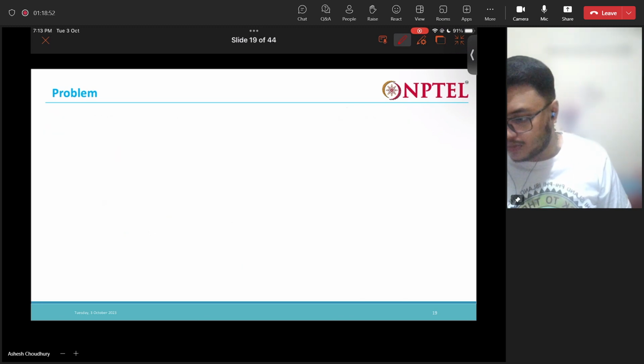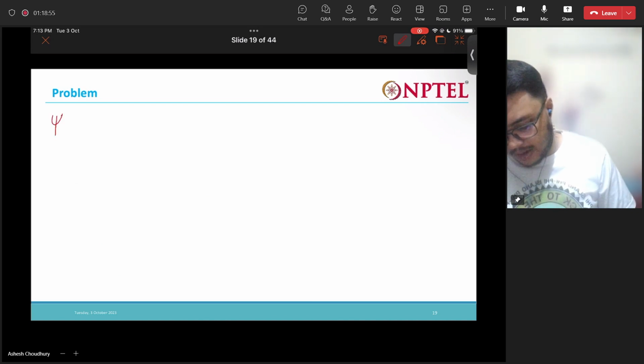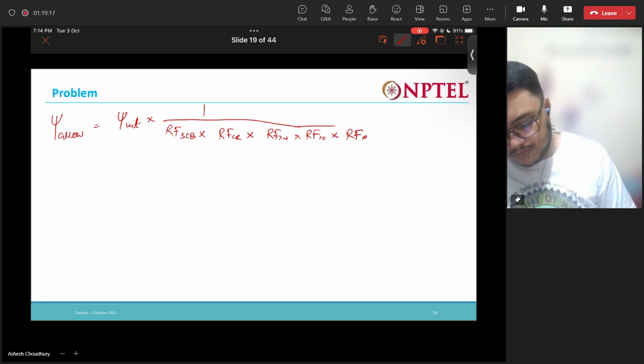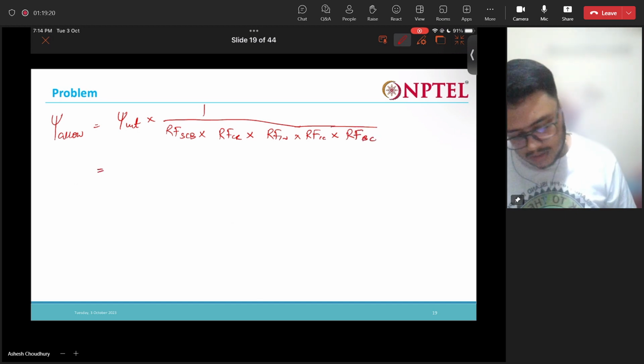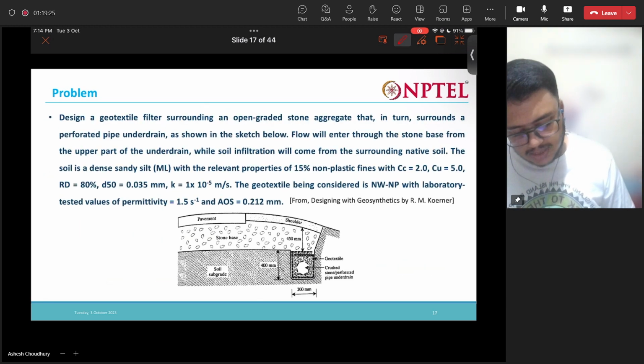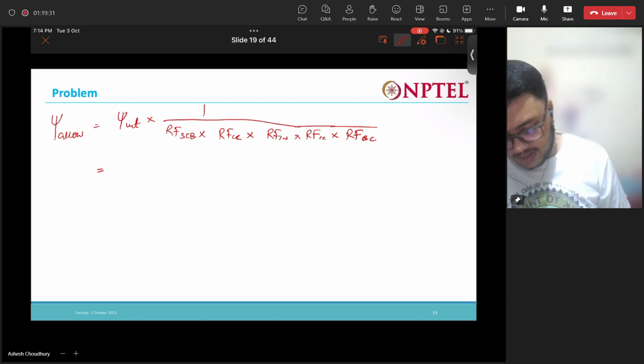Now we need to find the allowable permittivity from the ultimate permittivity. What is the ultimate permittivity? It's given as 1.5 second inverse, and the apparent opening size is 0.212, which we will need in the next part.